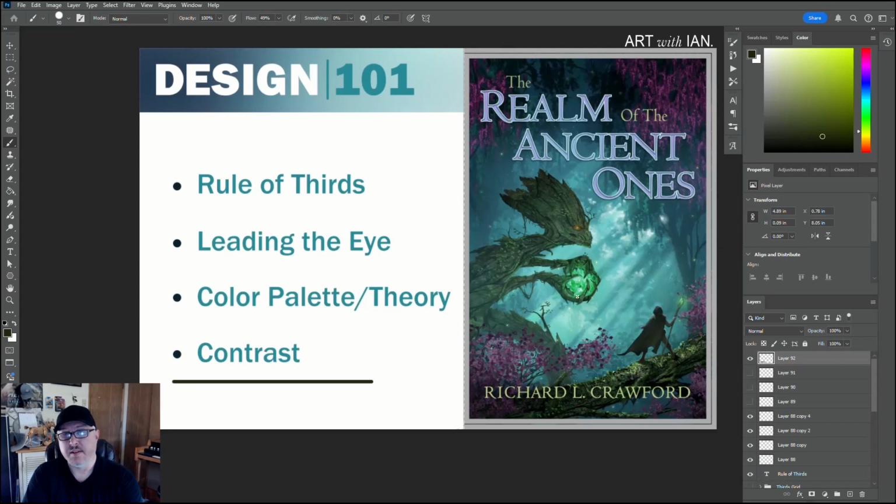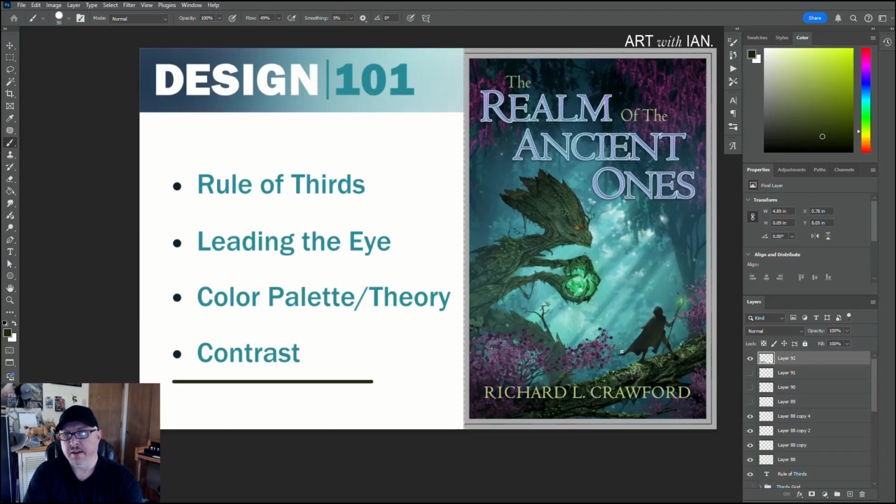You've got the roundness of this thing in his hand against the pointiness of his fingers. You've got the roundness of the O here against long, pointy, kind of straight foliage. You have his cloak, his or her cloak. I haven't actually decided if this is a guy or a girl, but it's a person.